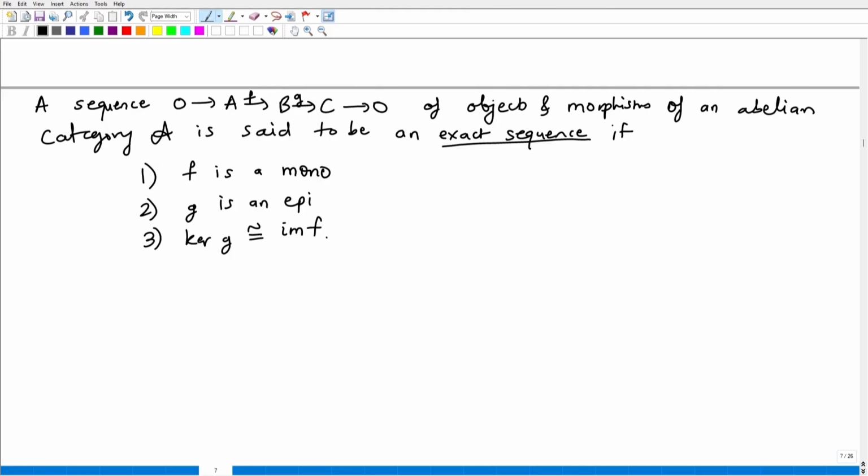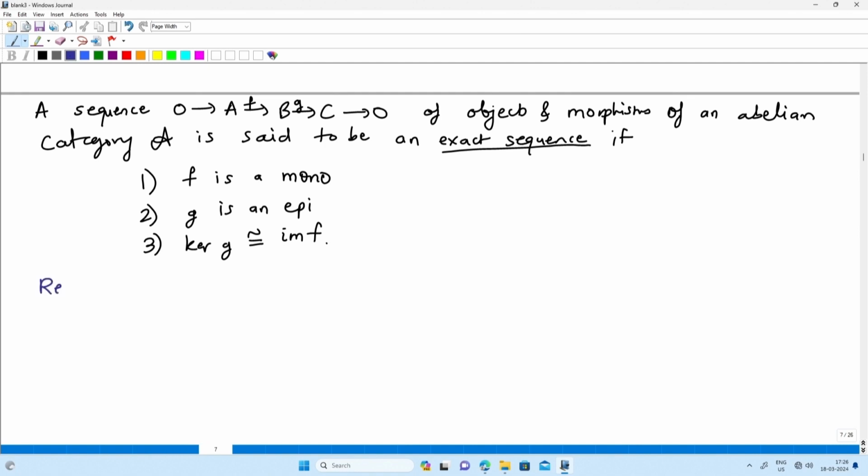So this is an exact sequence if these three properties hold, or equivalently it is exact at each point, at A, at B and at C. We can also define the exactness locally. Then some simple remarks. 0 to A to B is exact if and only if F is mono.